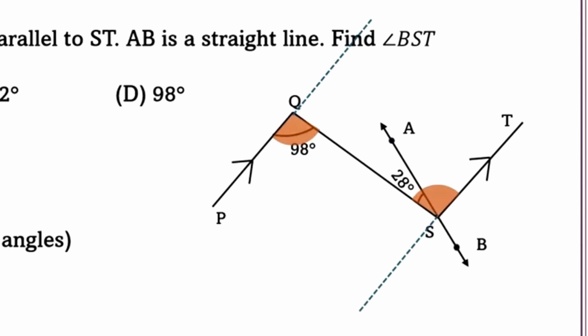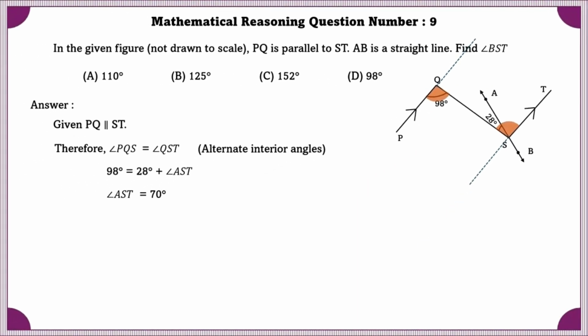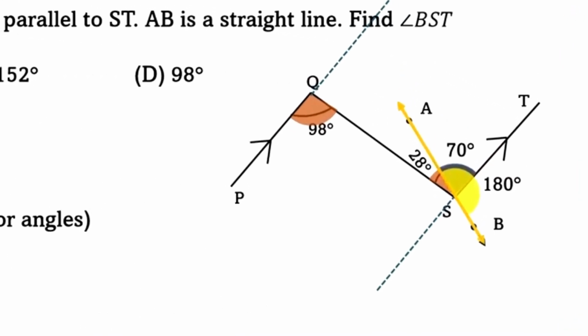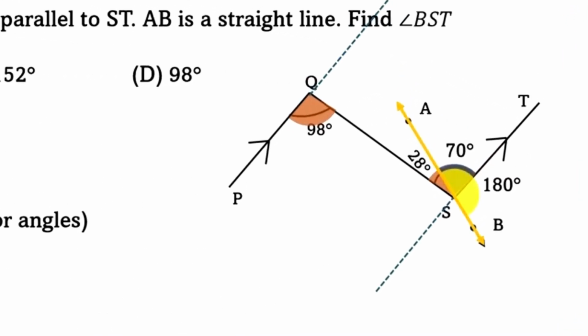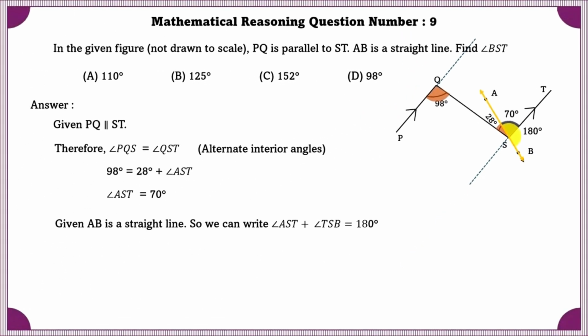We can split angle QST into 28 plus AST. Using this, we can find the value of angle AST, that is 70 degrees. Given AB is a straight line, so we can write angle AST plus TSB is equal to 180 degrees. Then we can find the value of angle TSB, which is equal to 110 degrees.